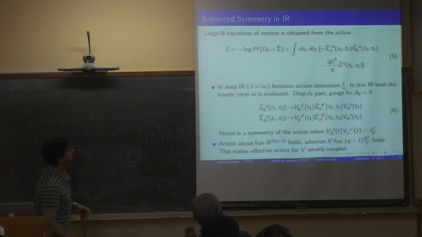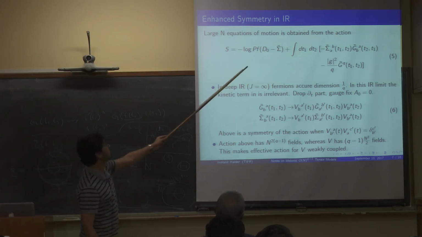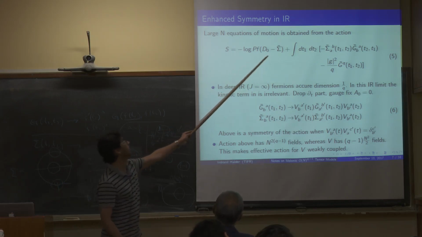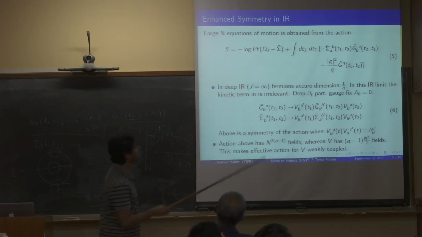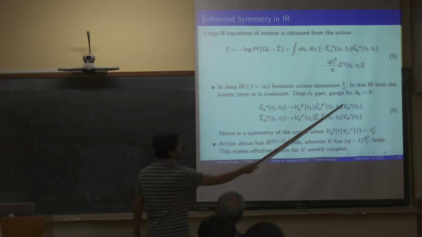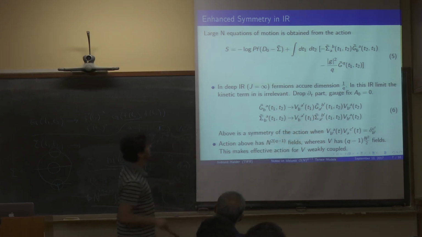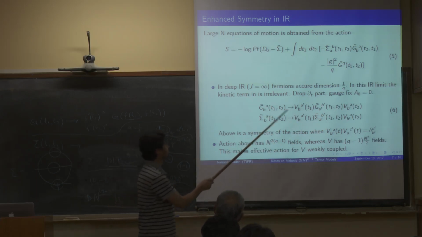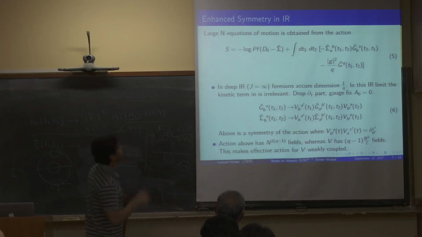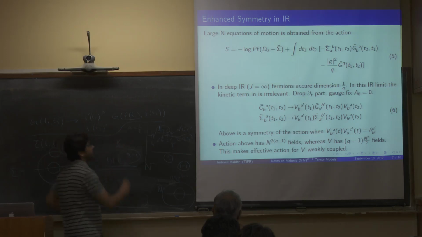Okay. Now you go to the J equal to infinity limit, drop this kinetic term because it is irrelevant, and then you fix to a particular gauge which is the A0 equal to 0 gauge. Now when you have fixed the gauge, you make these time dependent rotations. These are time dependent rotations of the psi fields, which translates to these things.